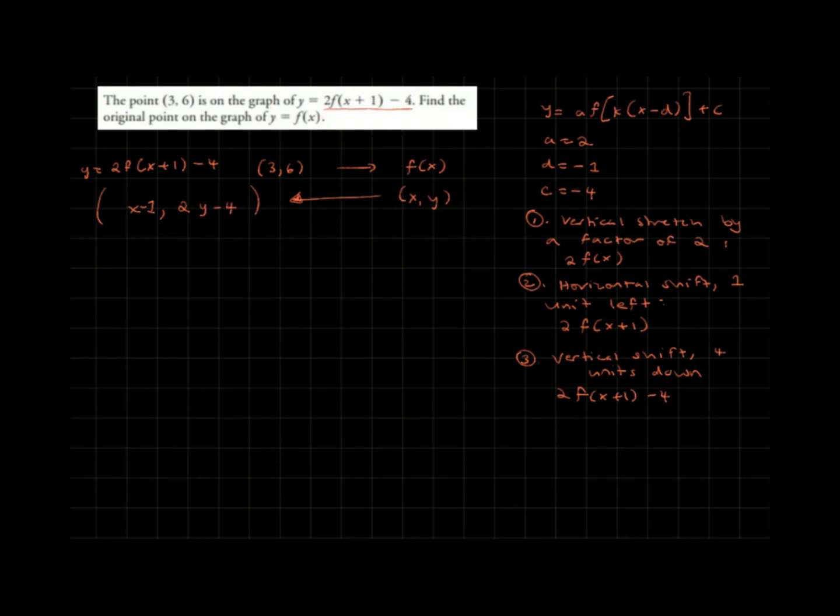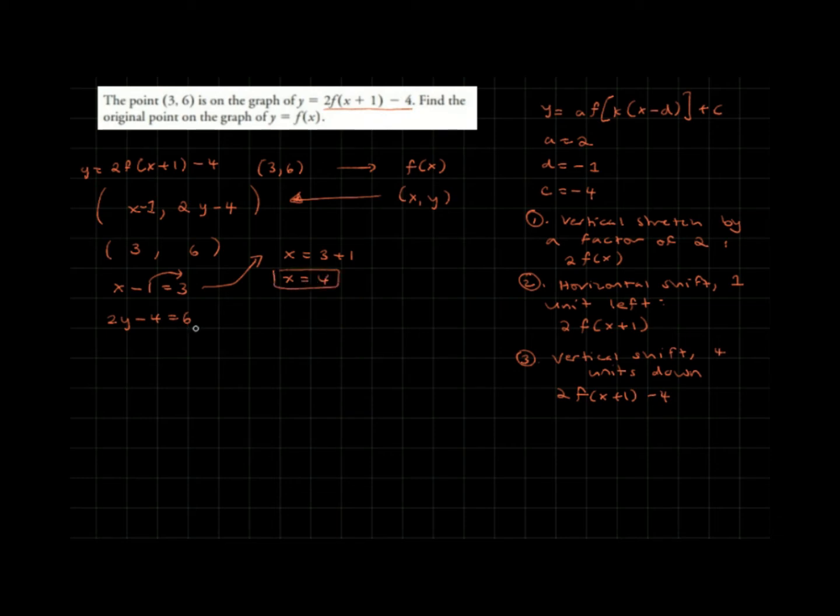Now that I have this, we know that we have a point 3 and 6, so x minus 1 is equal to 3, and 2y minus 4 is equal to 6, and you can solve for each of them. So x minus 1 is equal to 3, so I'm going to move the -1 to the other side, 3 plus 1, x is equal to 4.